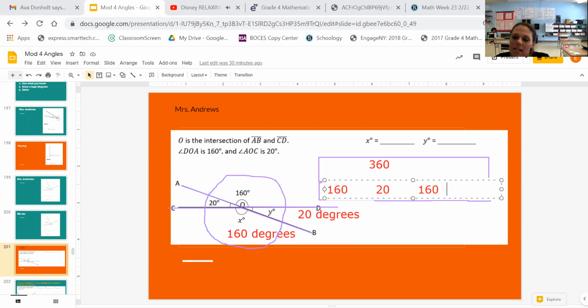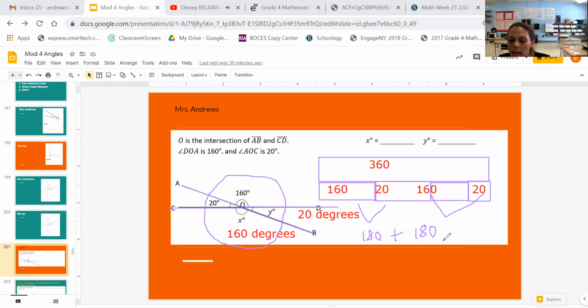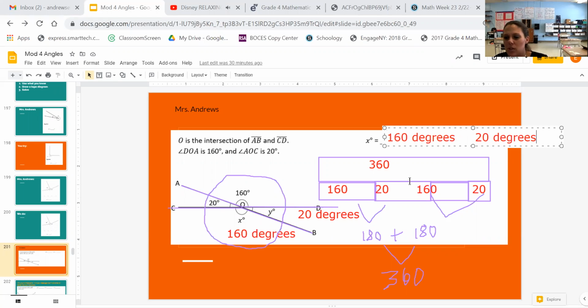Another is 160. And another is 20. So if we add those up, 160 plus 20 is 180. 160 plus 20 is 180. 180 plus 180 equals 360. So I know that X is 160 degrees and Y is 20 degrees. Okay?